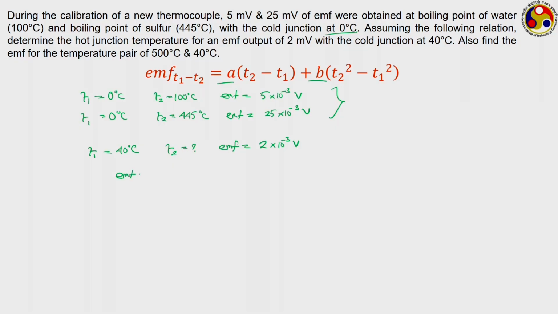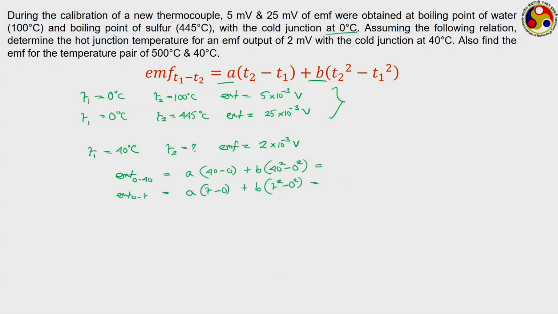See, the EMF corresponding to 0 to 40 we can easily calculate by putting the values: A into (40 minus 0) plus B into (40 square minus 0 square) is equal to something you will be getting based upon the values of A and B. And in the second case, the EMF corresponding to 0 to some unknown temperature T will be A into (T minus 0) plus B into (T square minus 0 square), again something you are going to get.